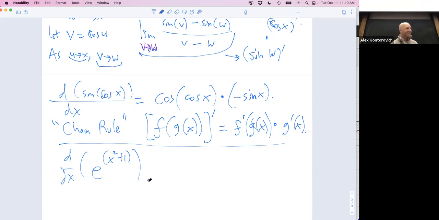I know you know the answer. I want people to have time to think about it. Take 2 minutes and try to figure out what's going on. What's the function f? f of x is e to the x. What's the function g? x squared plus 1. So this is then f of g of x.